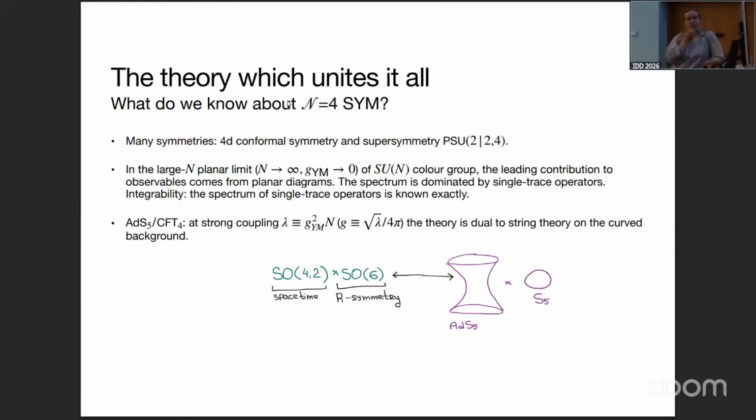And of course, we have a duality, AdS/CFT, so at strong coupling we actually can understand more the string theory, which is dual to our CFT. And then if we understand n equals 4 better, we can say something about string theory in curved background, which is a very nice goal, which we always have in mind.